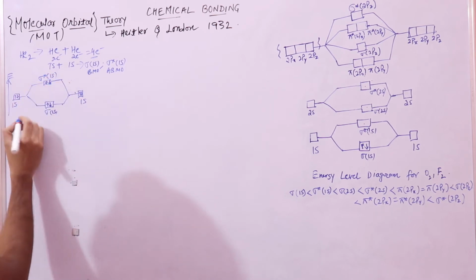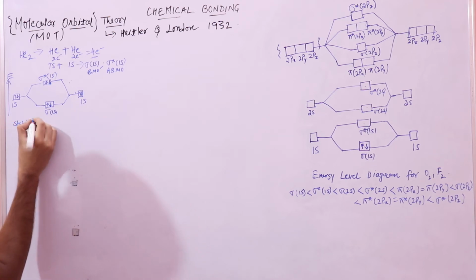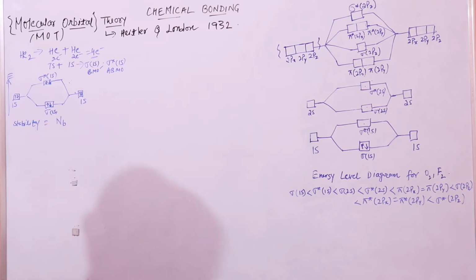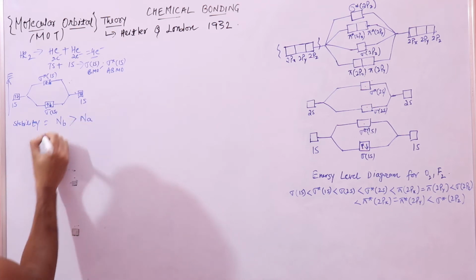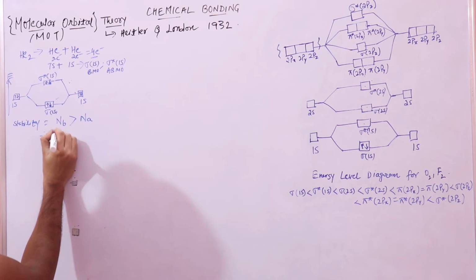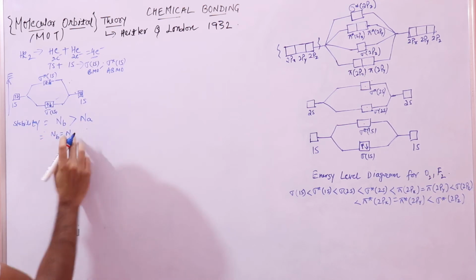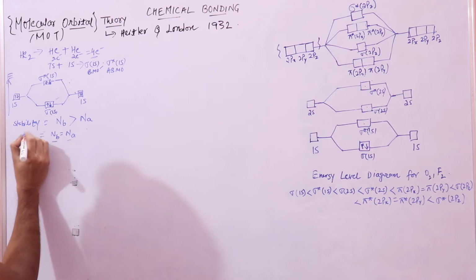Now if you look at the stability, the condition for stability is that the number of electrons in bonding orbitals is greater than the number of electrons in anti-bonding orbitals. But here there are 2 electrons in bonding and 2 electrons in anti-bonding, so Nb is equal to Na.